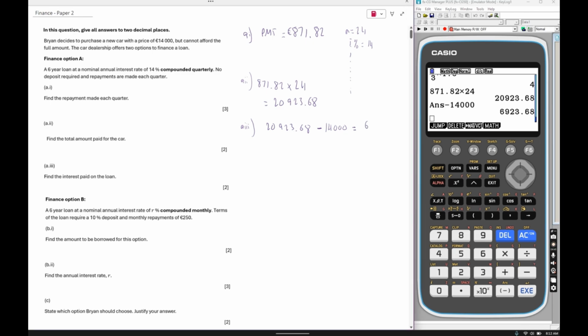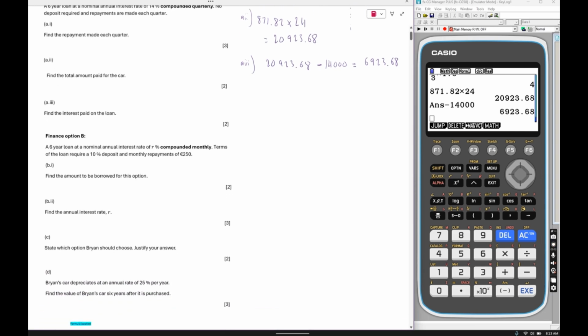We get 6,923.68. That is the interest that he is paying on the loan. That one is worth 2 marks. You get a mark for the correct equation, the 20,923.68 minus 14,000, and then you get a mark for the correct answer of 6,923.68. Remember, all of that is for option A.